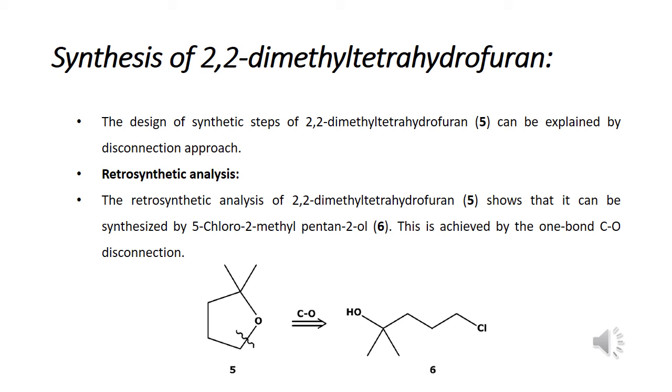This retrosynthetic analysis of 2,2-dimethyl tetrahydrofuran shows that it can be synthesized from 5-chloro-2-methylpentan-2-ol, structure 6. This is achieved by the one-bond carbon-oxygen disconnection.